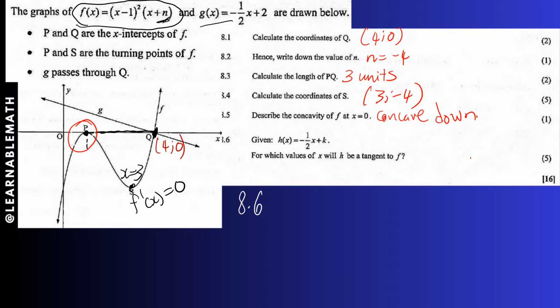Remember, the first derivative and the gradient are the same. Then we can use that idea to solve for those values of x where that function is actually a tangent.